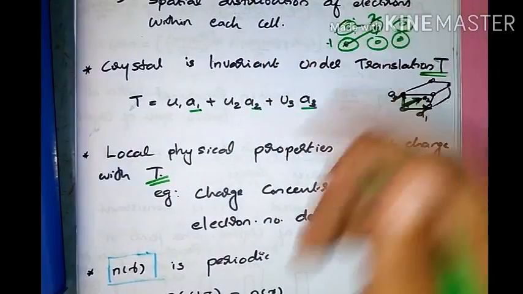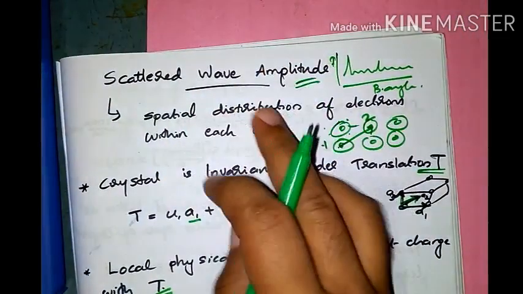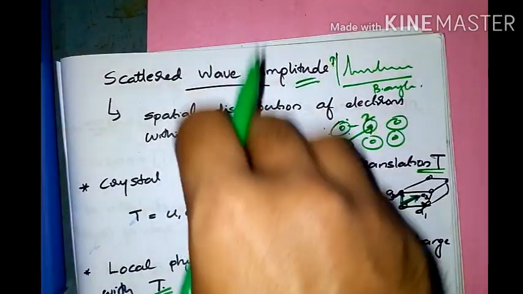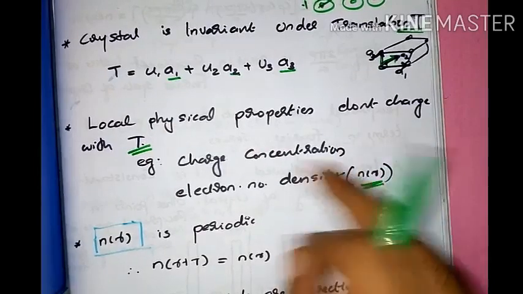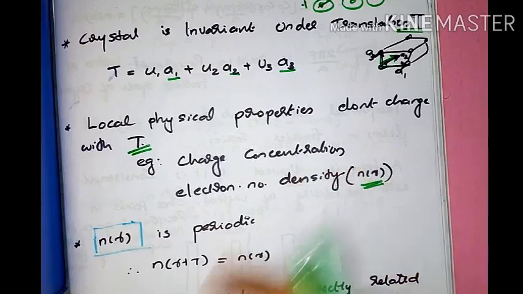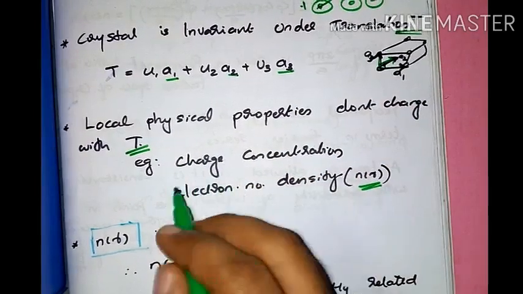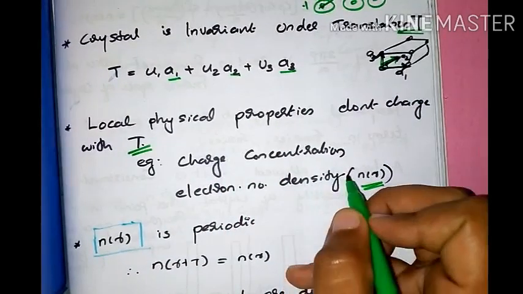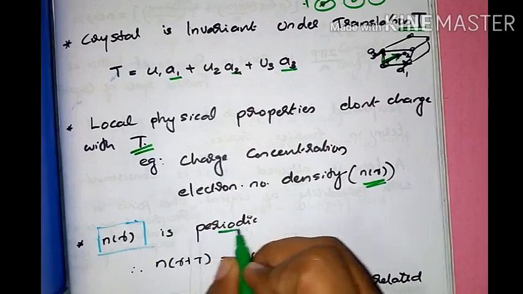And as I told you earlier, the scattered wave amplitude depends on the spatial distribution of electron density. So here we are trying to analyze electron number density in the following section to understand the scattered wave amplitude. Here we choose n(r) as the electron number density, and it is a periodic property.